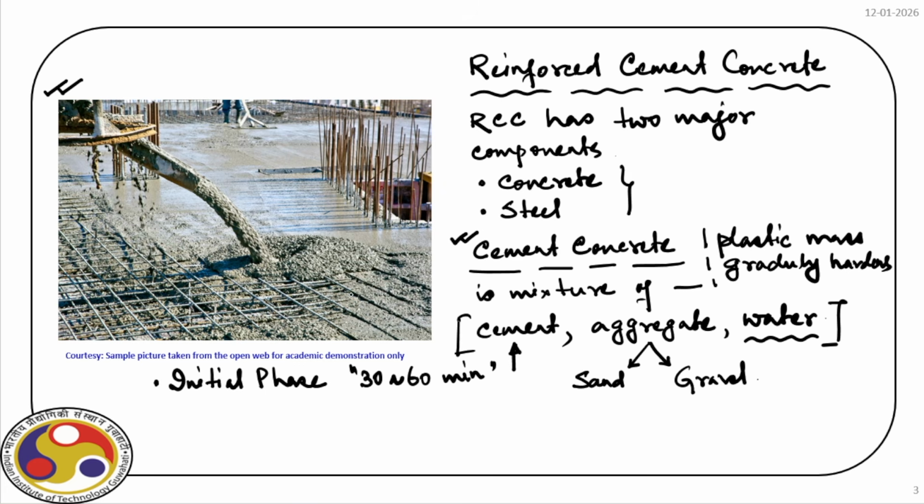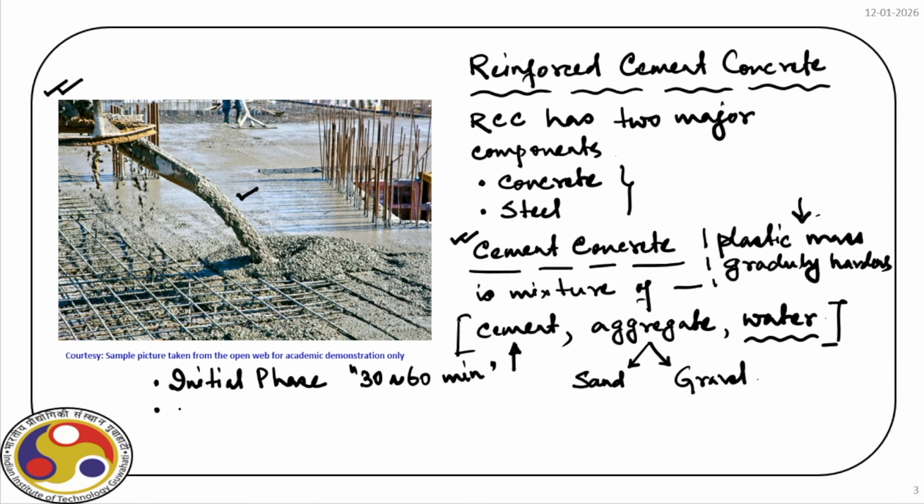And during this phase, this plastic mass that flows, as you can see here, has this flowing characteristic and that helps us to pour concrete and give it the shape of the formwork that we first prepare so that we can construct the structure.